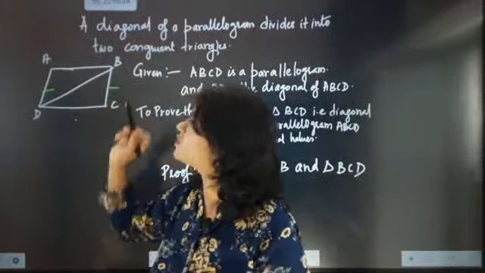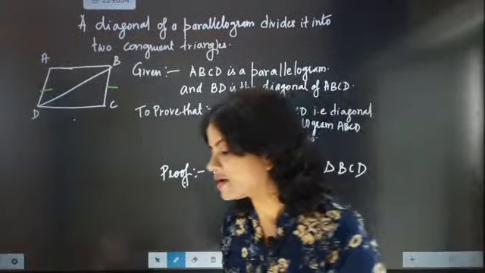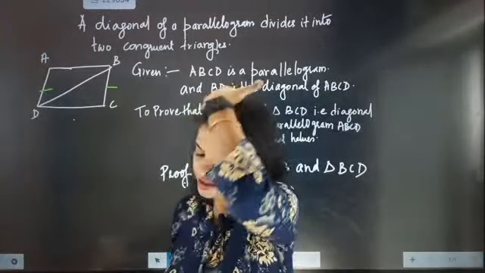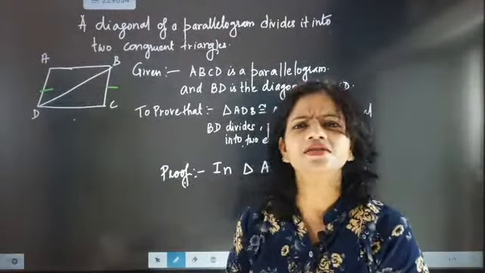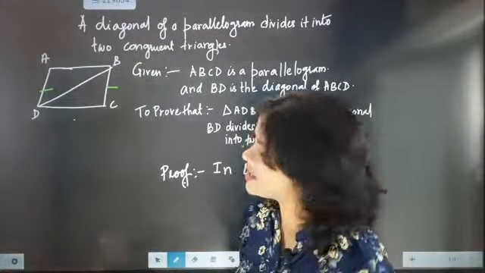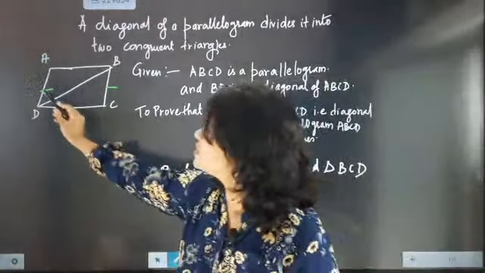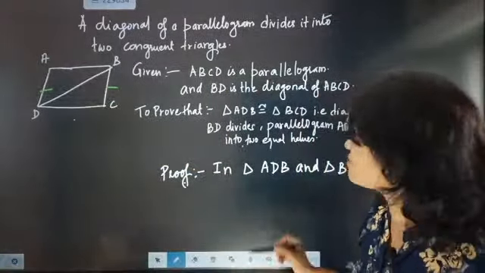And what is the harm if I am going to say that either with ASA, because you have to take that time alternate interior angle. So one time you can take alternate interior angle, or if you are not taking alternate interior angle, we can take SSS also. What is the harm in taking SSS? Because this side will be equal to this side, because it is a parallelogram.